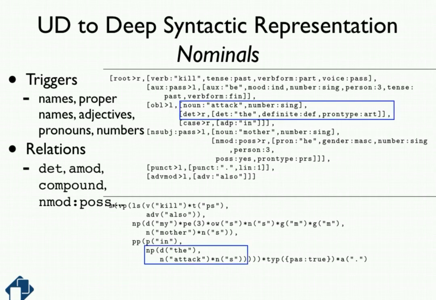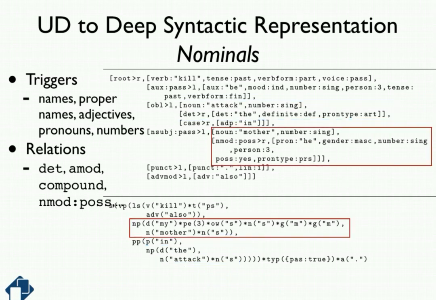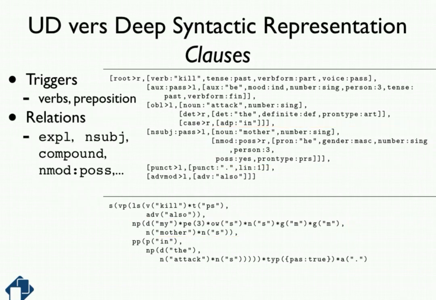So for example, if we look at this, in UD dependency this will be mapped to something like that. And then if we look at noun here, then we see that noun mother possessive will be rendered as a noun. So we have written a set of rules for nominals and other rules for clauses.